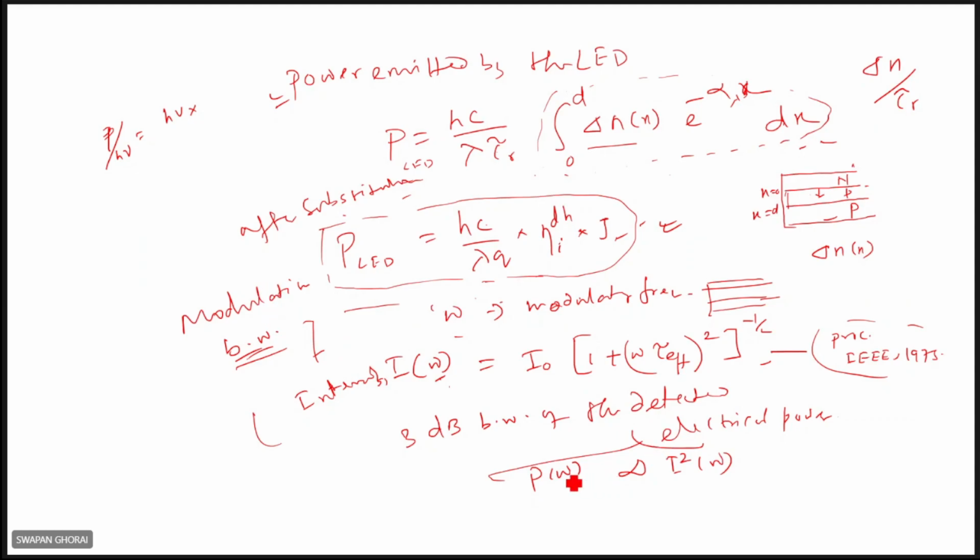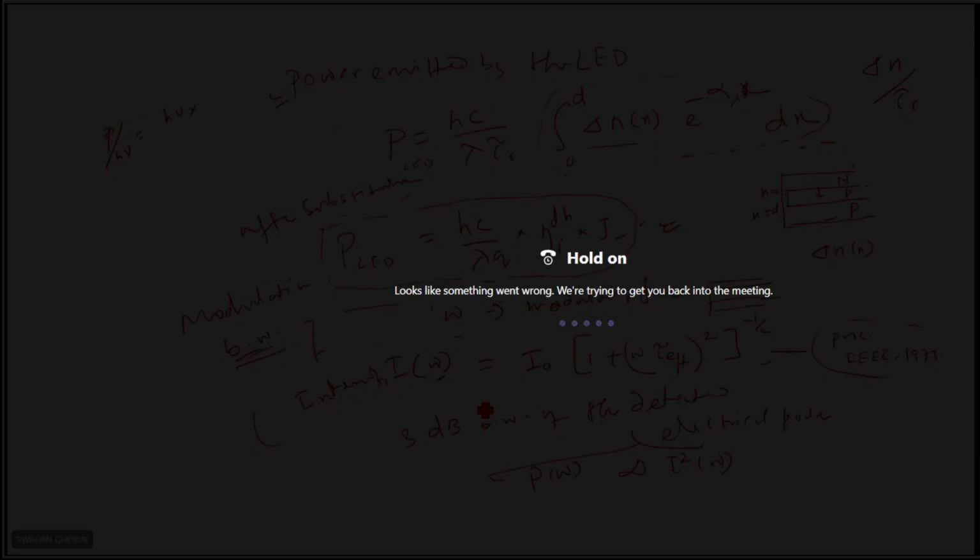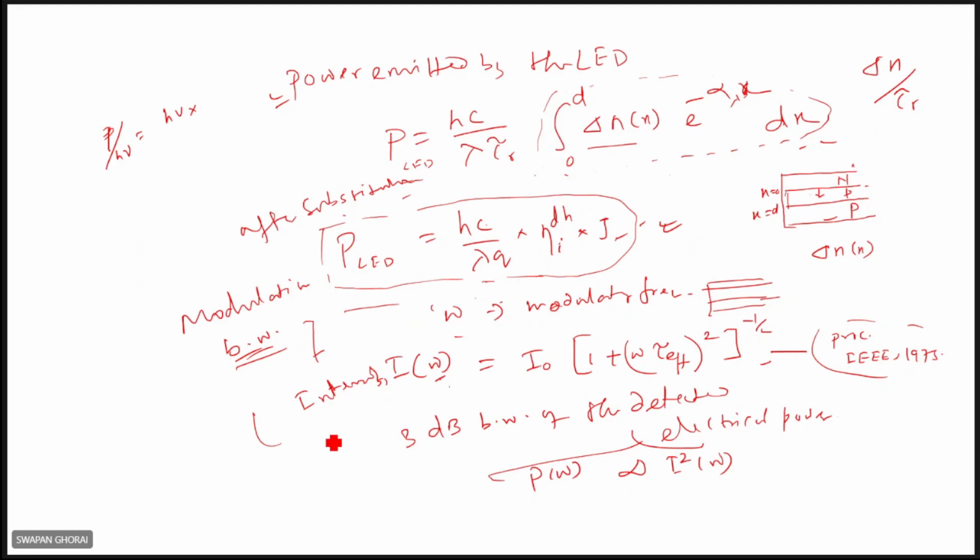When you consider the optical intensity, the power is proportional to the scalar device. LEDs are scalar devices, so the power P(omega) detected by the photodetector is proportional to the square of the intensity, P(omega) proportional to I squared(omega).